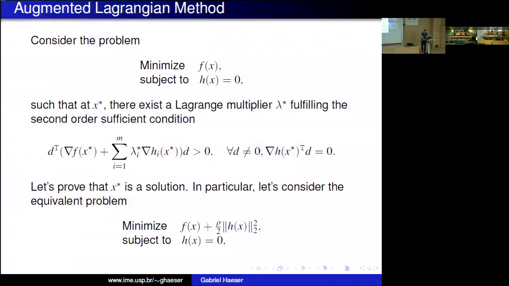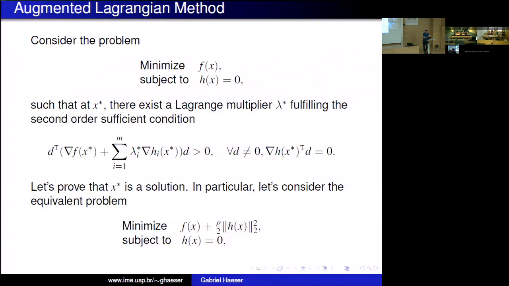To develop this idea, let's consider only the equality constraint case, just to fix ideas. And let me show you this sufficient condition for optimality, and this proof will give some interesting insights about the augmented Lagrangian method.